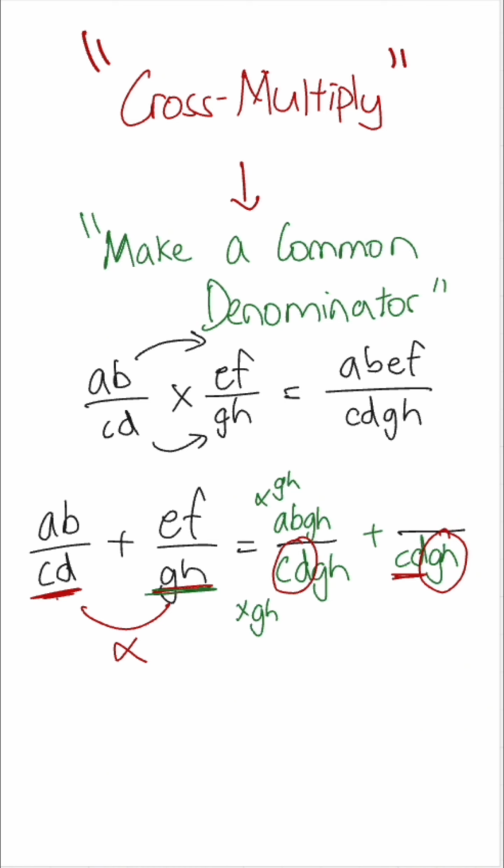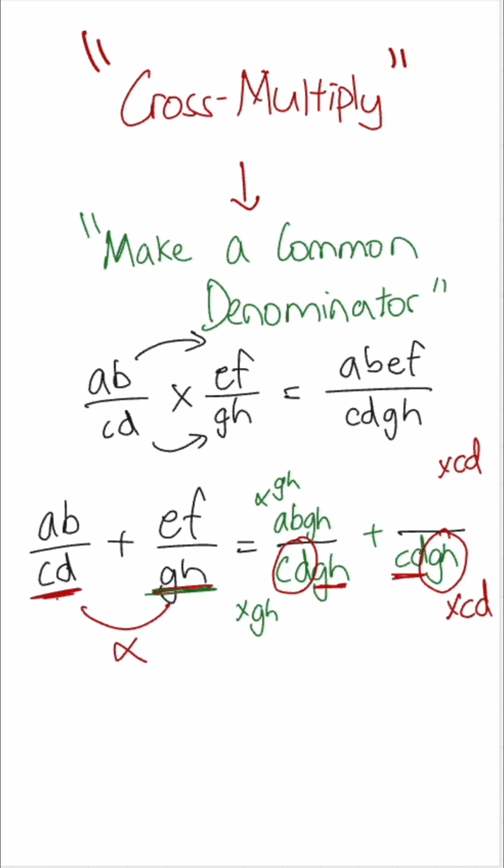We have the CD, and then what we need is the GH component, right? So see, they need different things. And if they need different things, we need to multiply by different things as well. So in order to achieve this CDGH, we have to multiply the numerator and denominator by CD, right?